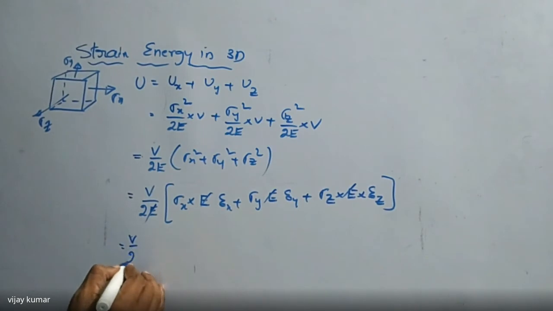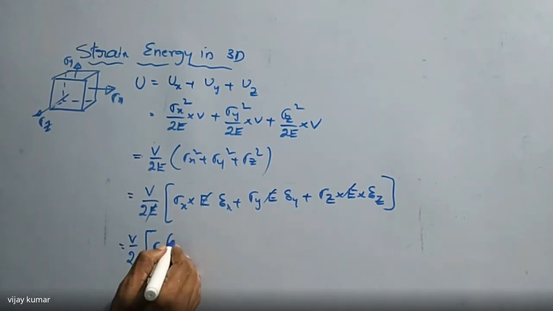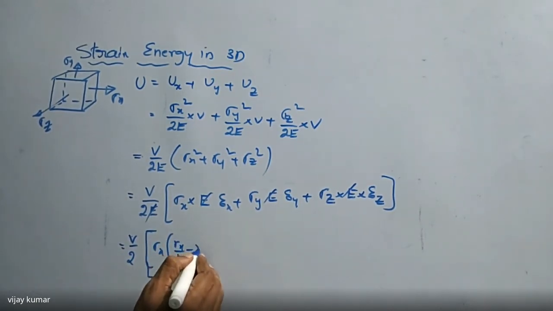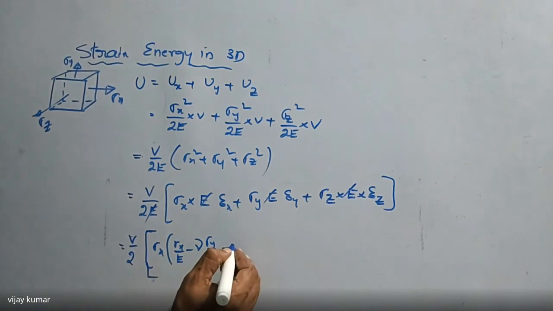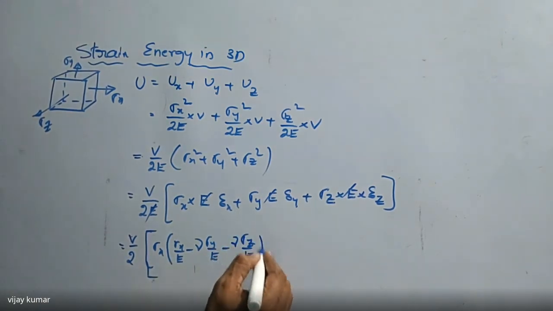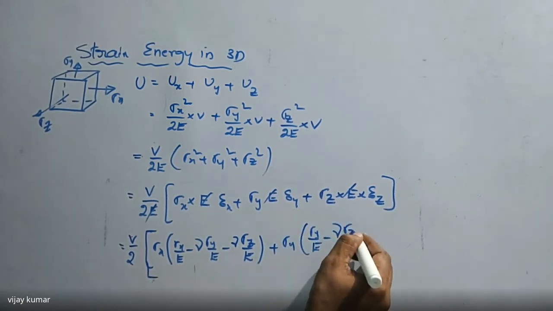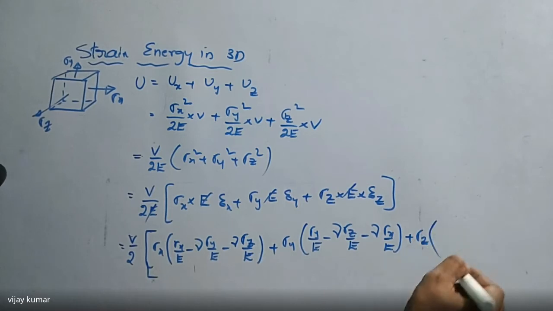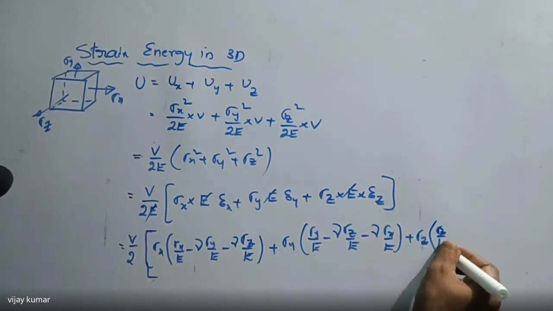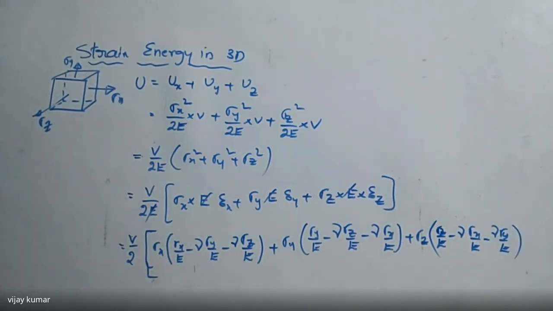Then we are writing V by 2 and sigma x, I can write it here, sigma x by E minus Poisson ratio into sigma y by E minus Poisson ratio into sigma z by E, plus sigma y into sigma y by E minus Poisson ratio into sigma z by E minus Poisson ratio into sigma x by E, plus sigma z into sigma z by E minus Poisson ratio into sigma x by E minus Poisson ratio into sigma y by E, bracket close.